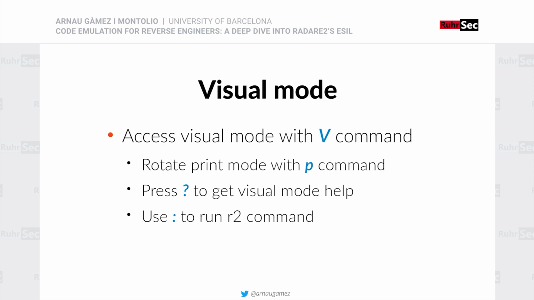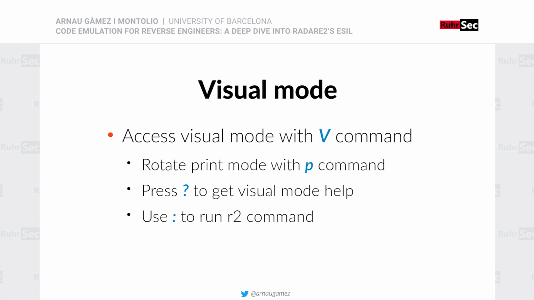In radare2, we have some visual modes that will be quite helpful while exploring the code and the hexdump. The basic one is just pressing V, uppercase V. We can rotate the printing mode with P. That will take us from hexdump view to disassembly view and so on.